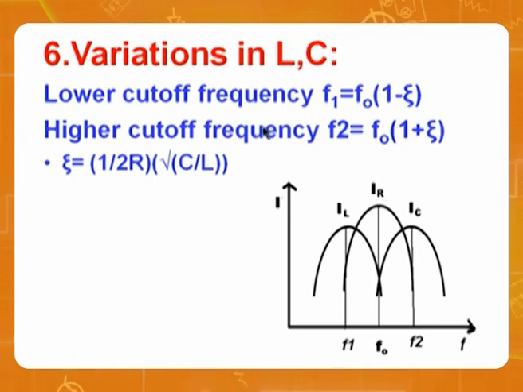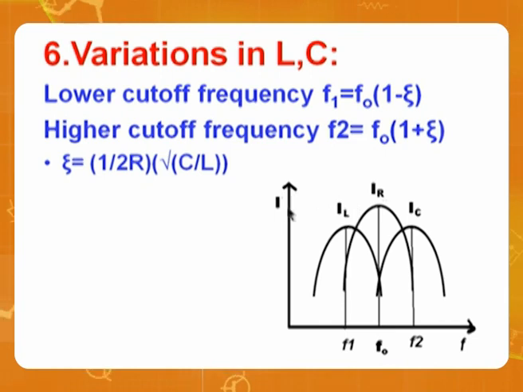Now we'll go for variation in L and C. How to vary this one, L and C. Just like previous, what is F1, what is F2? 1 minus zeta, that's why F1 is less than F0. F2 is more than F0. You see there, F2 is more than F0, F1 is less than.